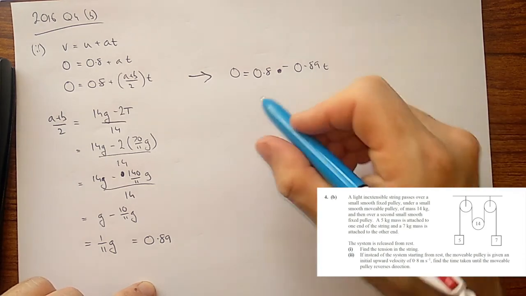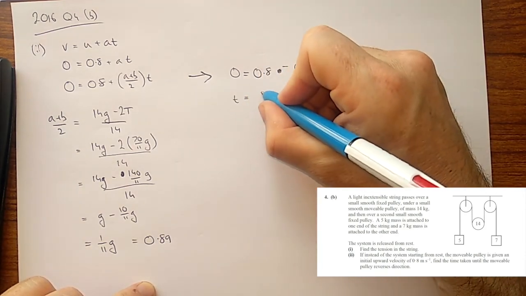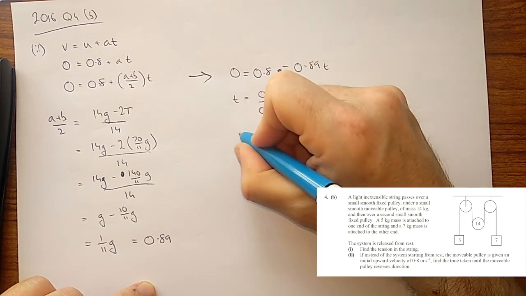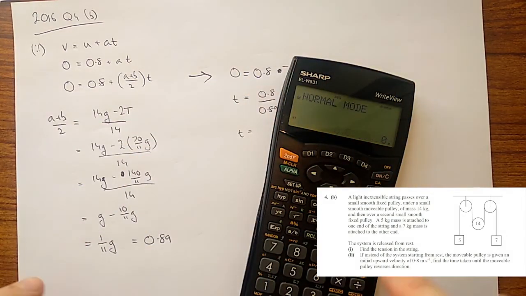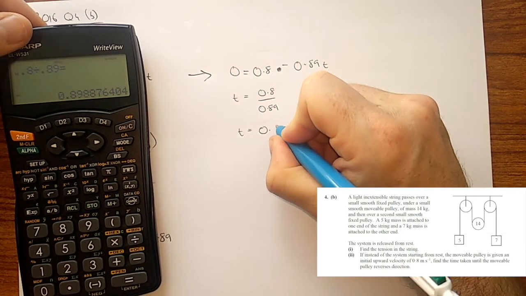All right. So t is going to equal 0.8 over 0.89. T equals, okay, we'll call that 0.9 seconds.